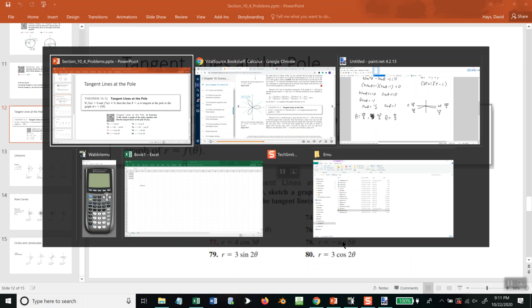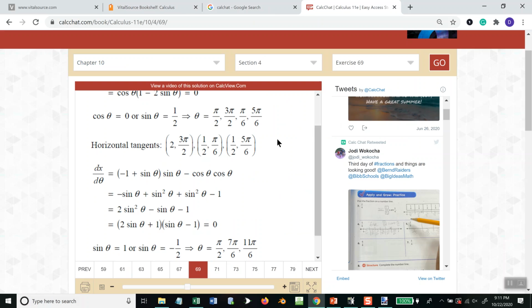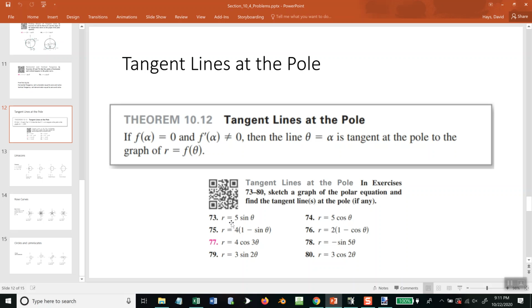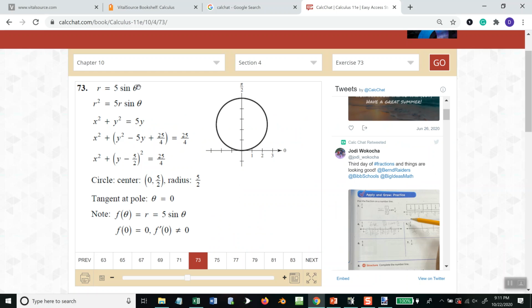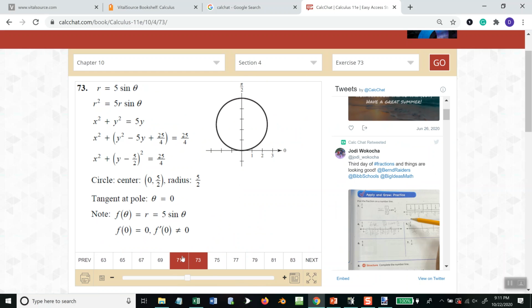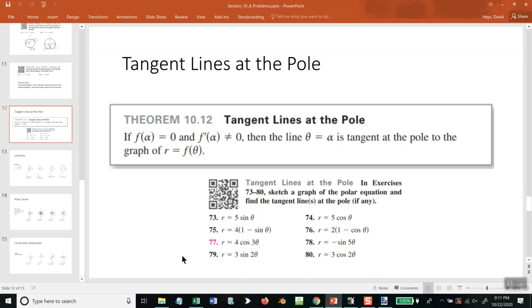Since I don't want to take time to show it, let me show 73. R is equal to 5 sine theta. Well, let me go ahead and work it.